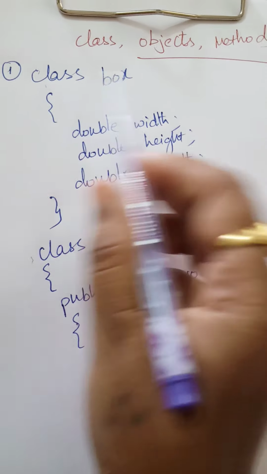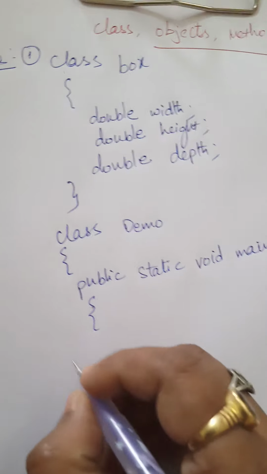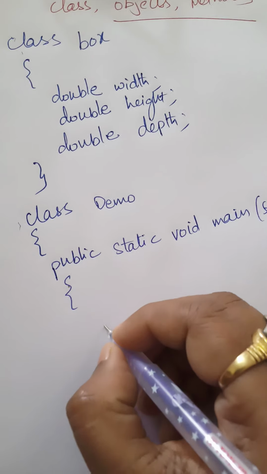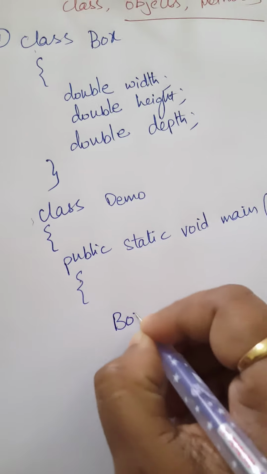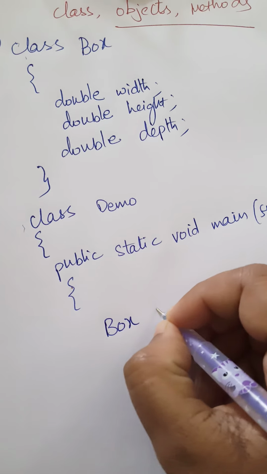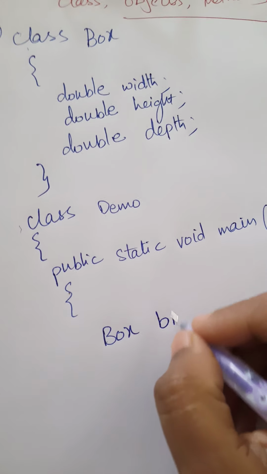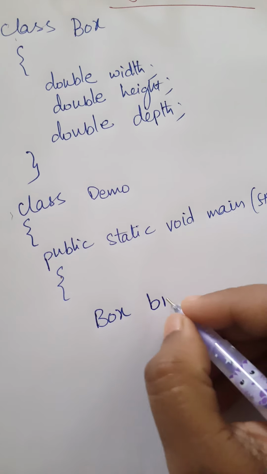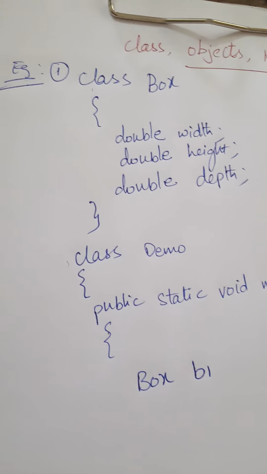We have defined a class. Now you have to create an object for this class. How to create it? The name of the class here is Box. So let me give the class name Box, space, object. I am taking some object b1, any variable, so it is of this type, Box class type. So we have declared an object here.